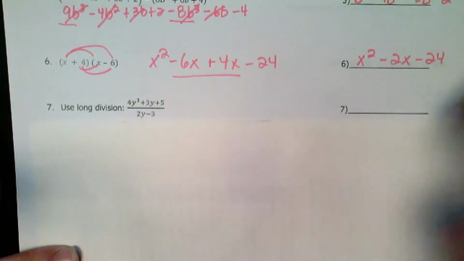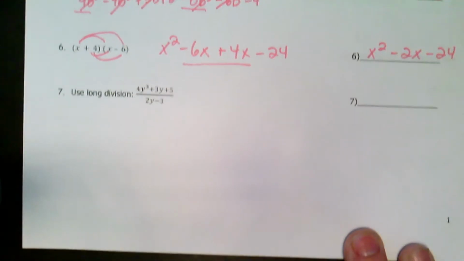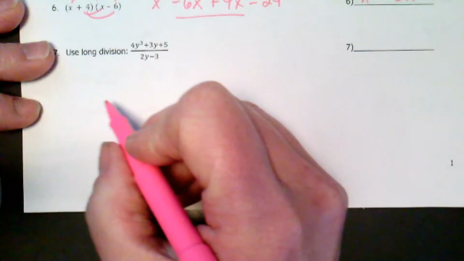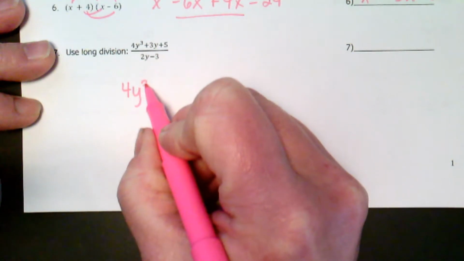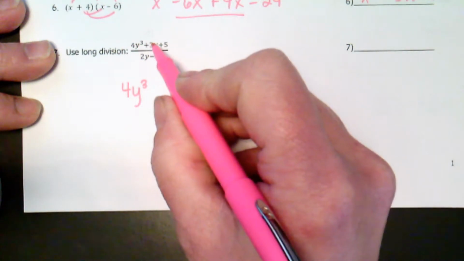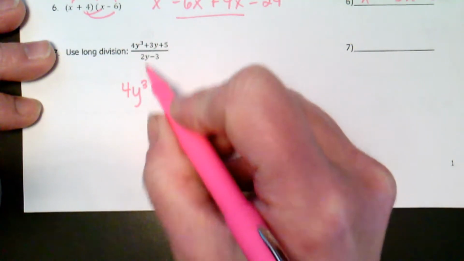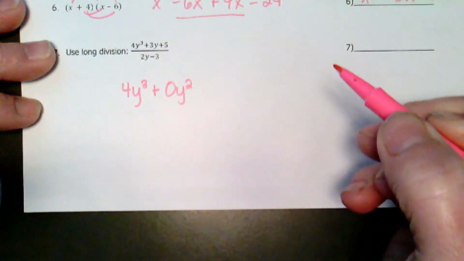Right, long division. We have lots of room, so we'll go ahead and do that down here. We want to set this up first. Don't forget that when you set these up, these need to go down in descending order. Since we don't have a y squared, I'm going to put a 0 in there.